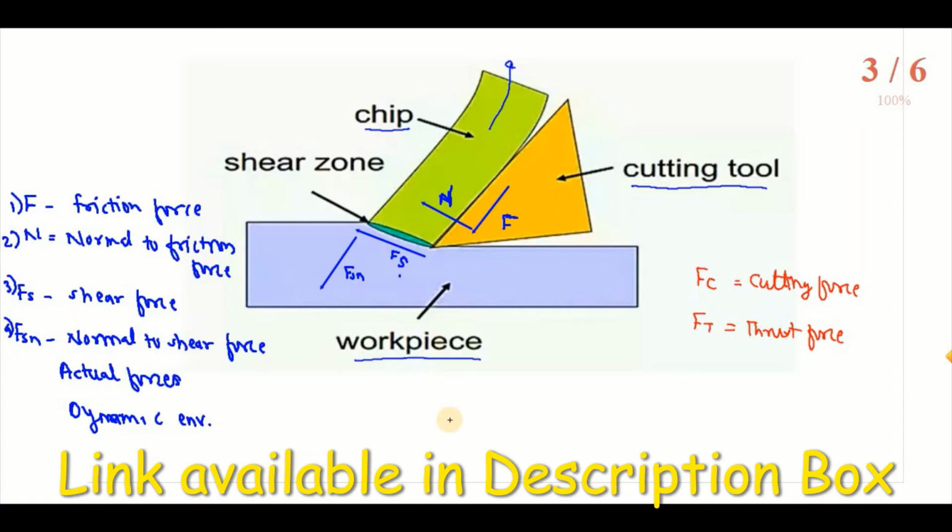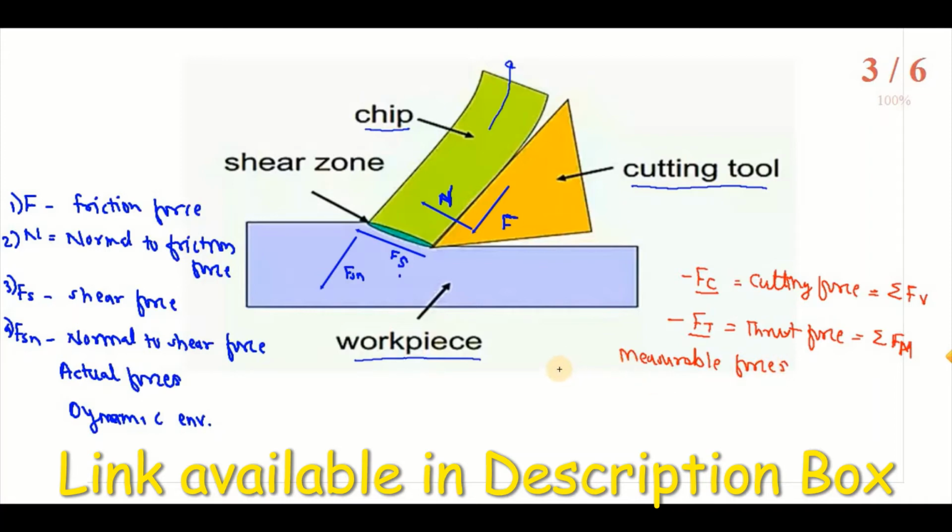If we resolve all these forces, the summation of the vertical components of all the actual forces is given as Fc, that is the cutting force, and the summation of all the horizontal components of the actual forces is given by this thrust force. So these two forces Fc and Ft are measurable forces.